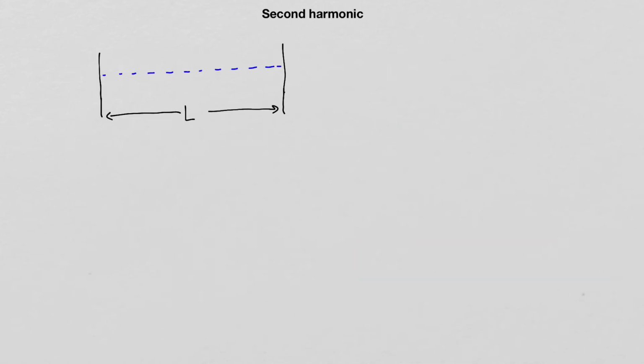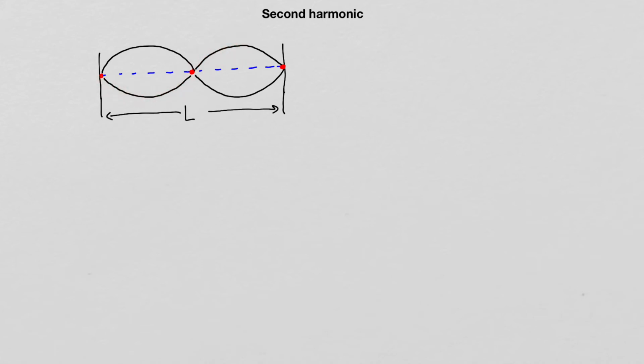So for the second harmonic, again, we have a string with length L. The next wave that can fit on the string will have two wavelengths that look like so. The wave starts from the left fixed end, propagates towards the right fixed end, it reflects from there, and then propagates towards the left fixed end.